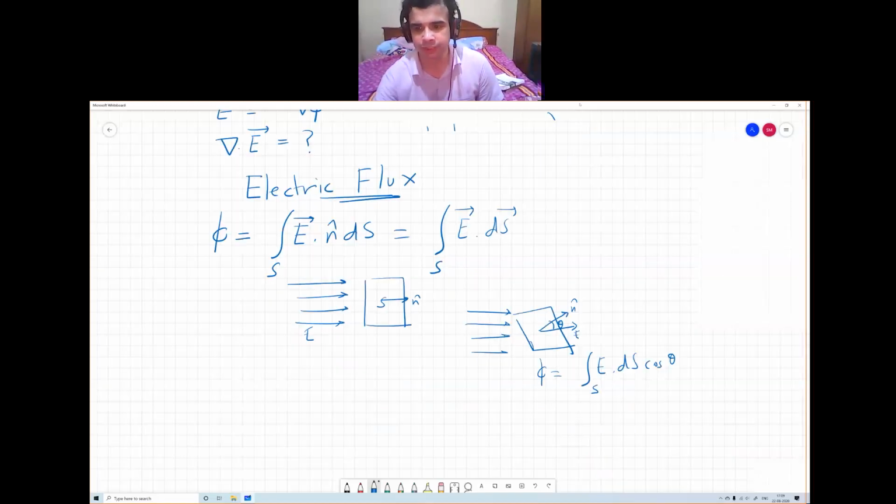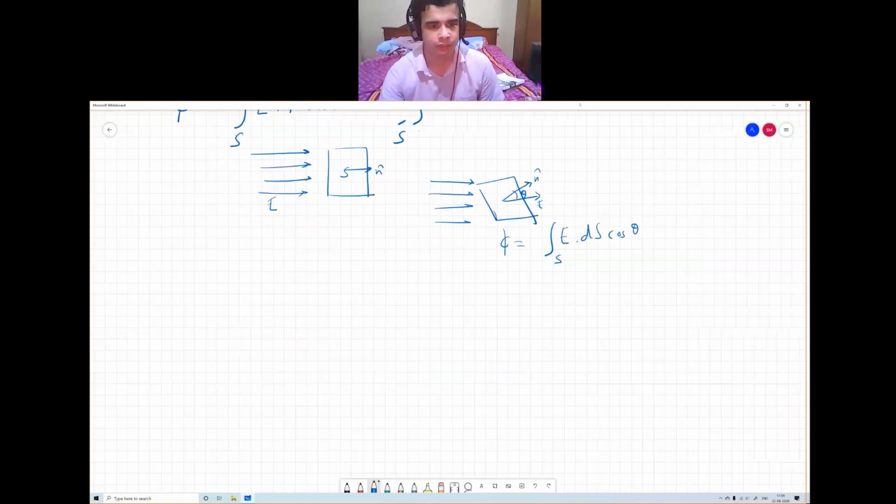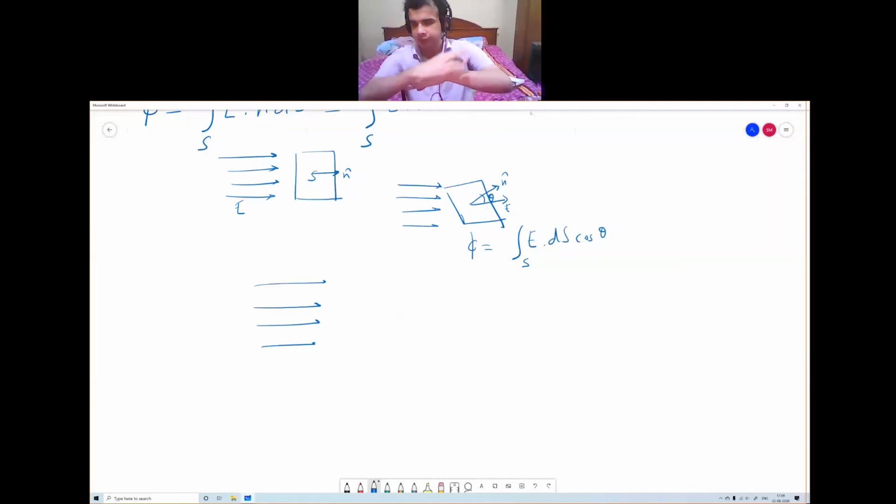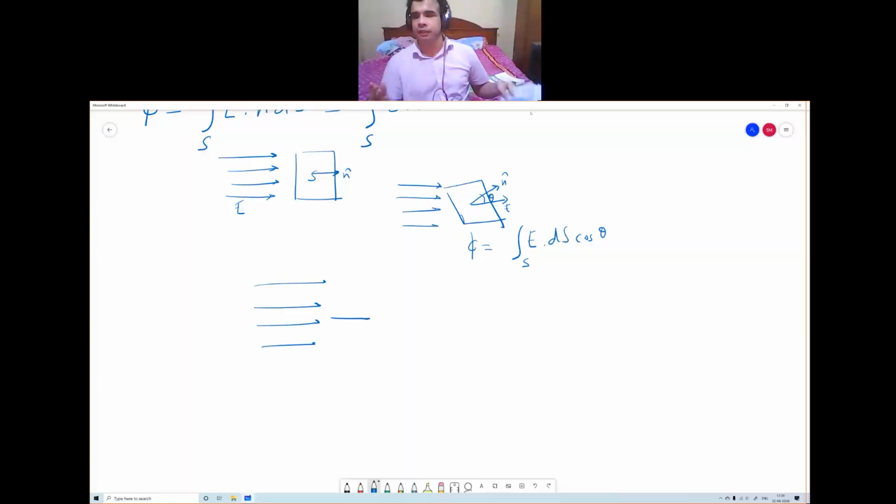And in the extreme case, if E is from the left to the right of your screen and the surface is laid like this, assume that the surface is very thin. Obviously the flux will be 0, because then the E vector and the n vector will be perpendicular to each other.